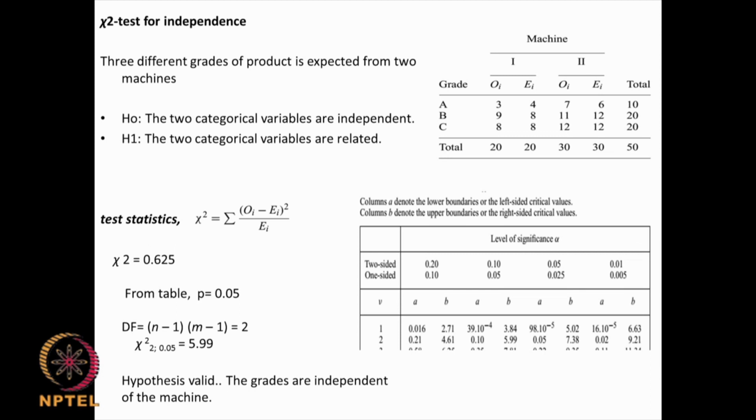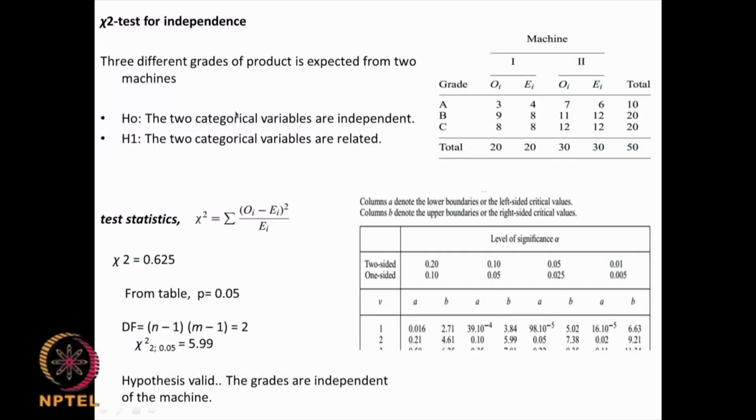I have two HPLCs, HPLC 1 and HPLC 2. I get some results in HPLC 1, and some results in HPLC 2. Now I want to see whether the results are independent of the machine or dependent on the machine. This is a very important type of knowledge, especially in clinical trials. So that is the chi-square test for independence.